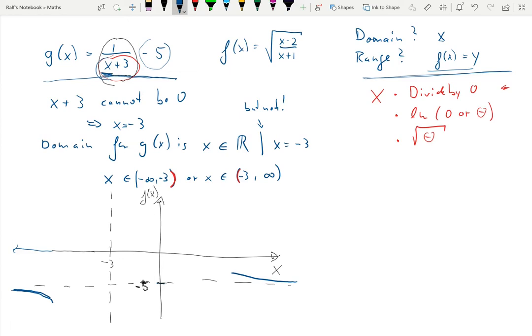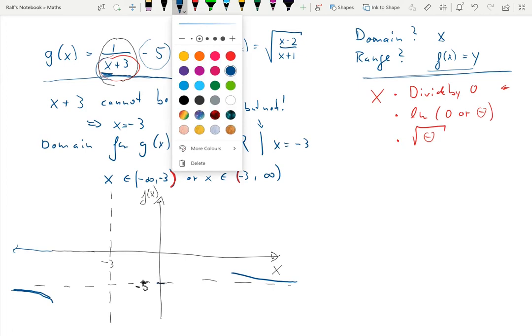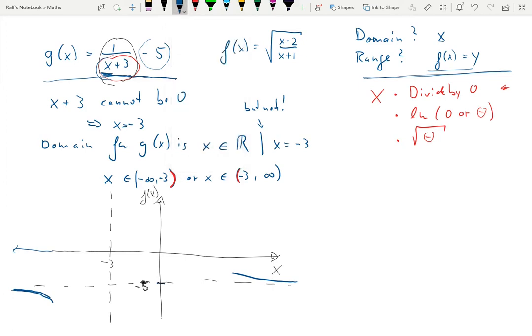So it will be something small but positive. And the closer we go to -3, the smaller this denominator term will be. And if the denominator gets very small and the numerator stays with 1, then overall this term will become very large. So that means that this function, as we are approaching -3 but from the right-hand side, will go to infinity. Okay, and then in between the function behaves roughly like this.